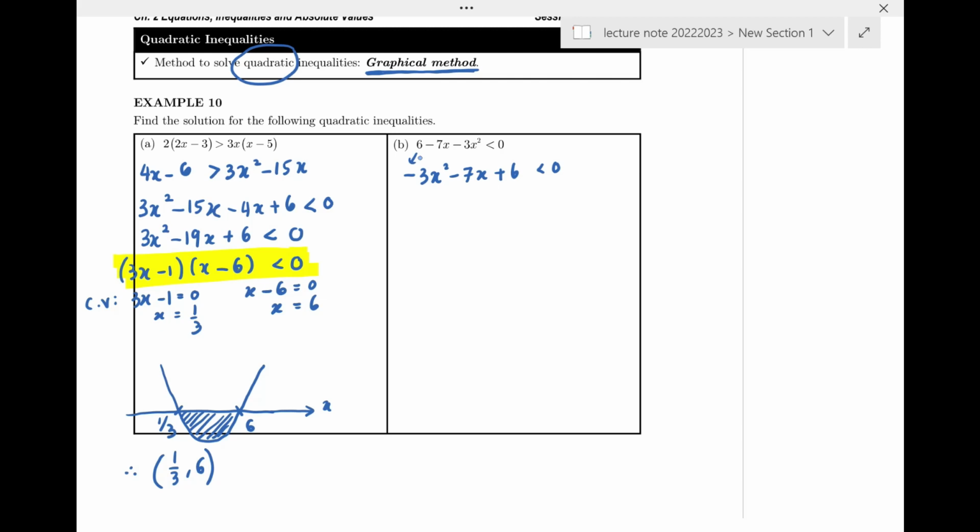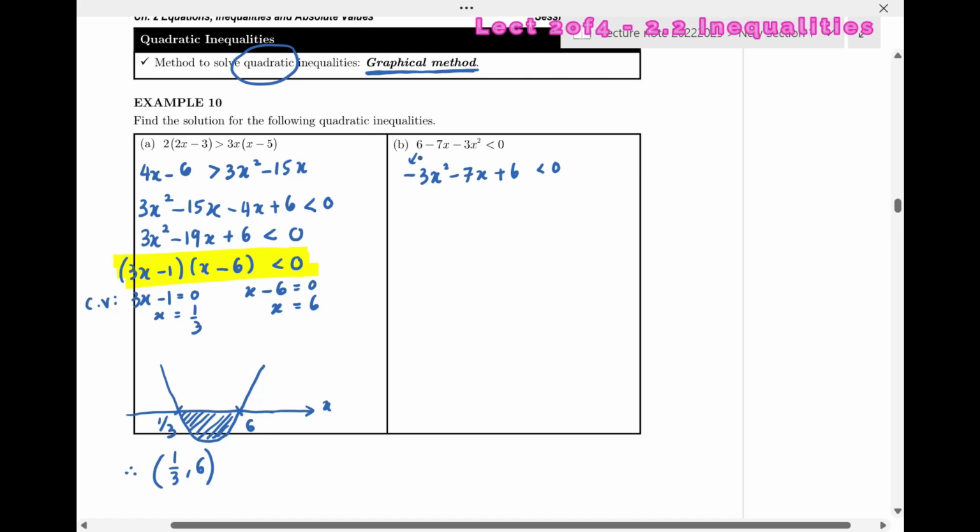I multiply both of the inequality sides by negative. So if I multiply with a negative value, the symbol will definitely change. Okay, so 3x squared plus 7x minus 6, and the symbol will also change to greater than 0.